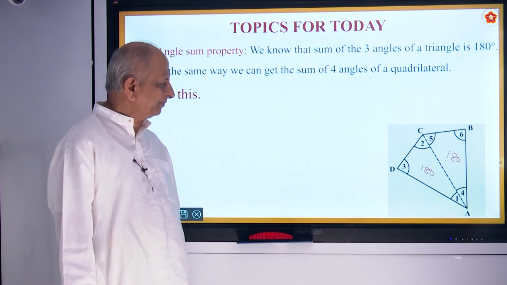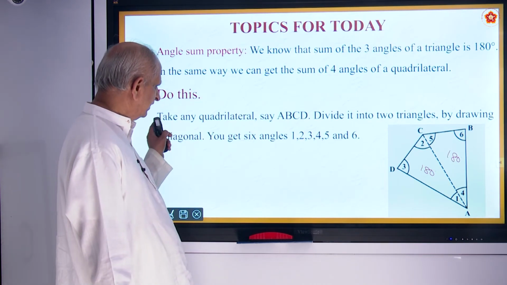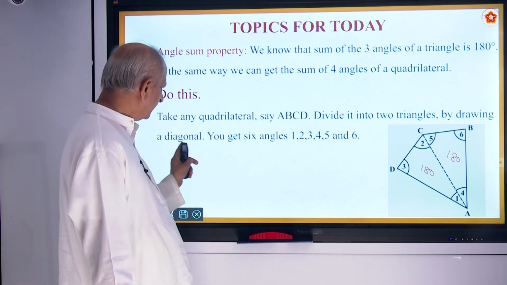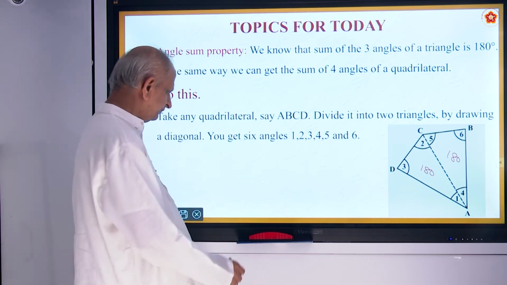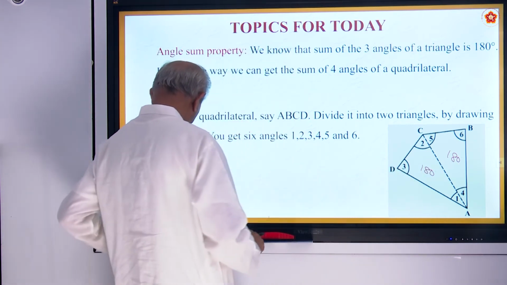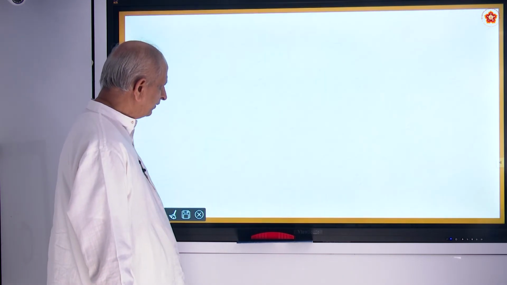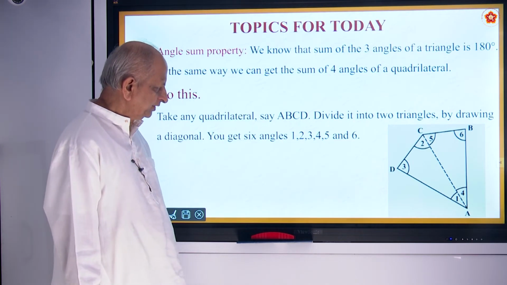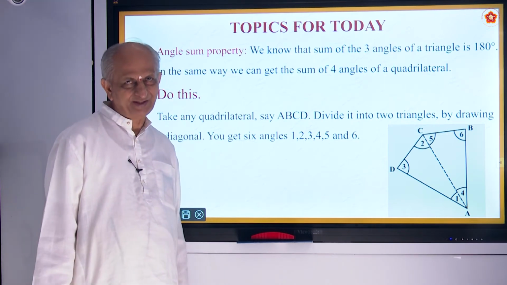So 180 plus 180, how much does it become? 360. So take any quadrilateral ABCD and divide it into 2 triangles by drawing a diagonal. You get 6 angles: angle 1, 2, 3, 4, 5, 6. If you add all these angles, angle 1 plus 2 plus 3 plus 4 plus 5 plus 6 is equal to 180 plus 180, that is 360 degrees.